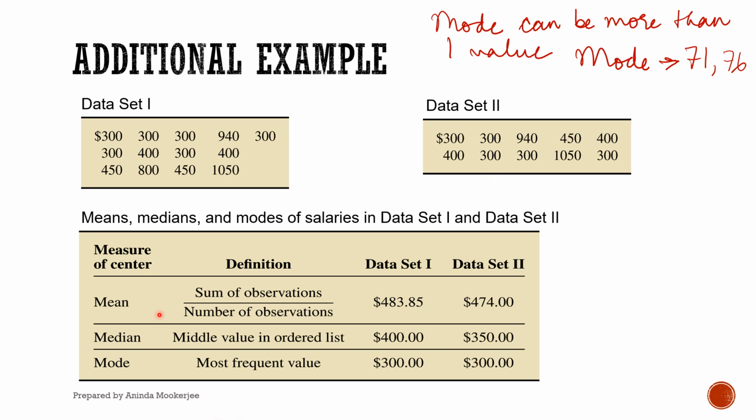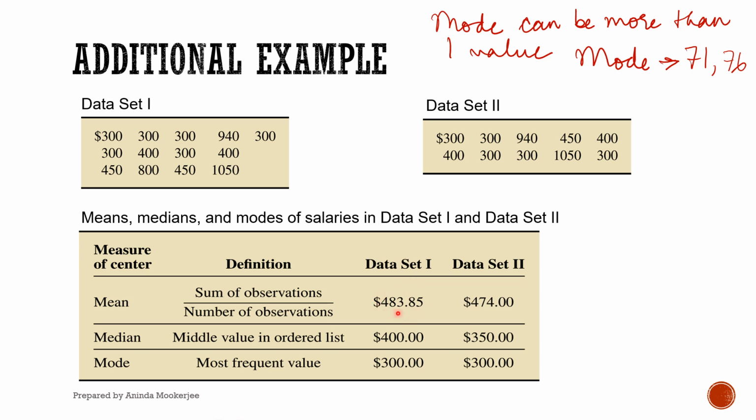And we are going to find the mean, median, and mode in each. So mean is the sum of all the observations divided by the number of observations, which we also called n. So for data set 1, we get a mean value of $483.85, whatever the application may have been.